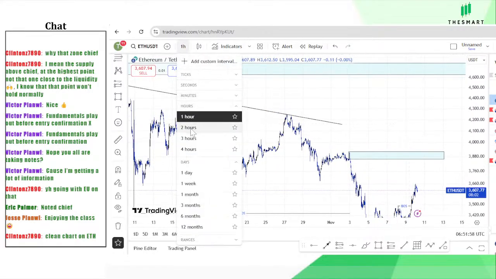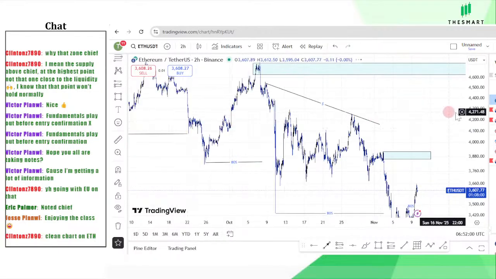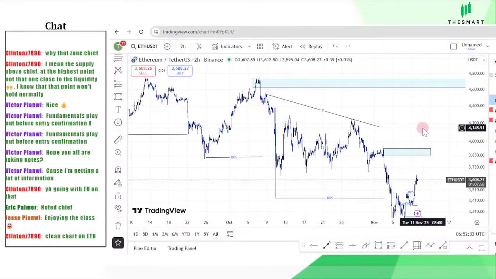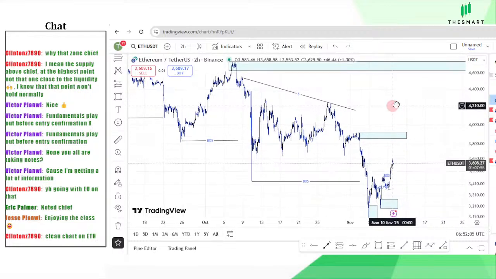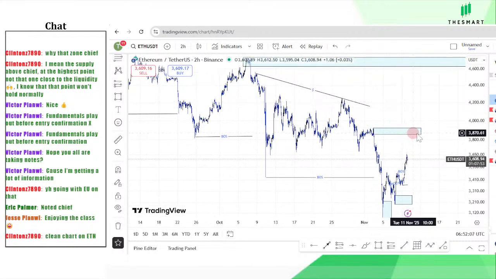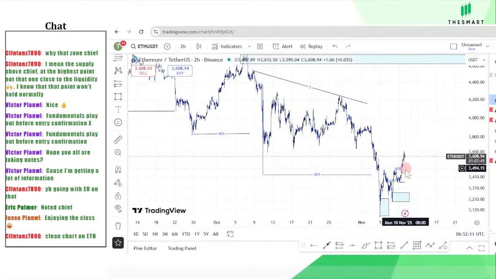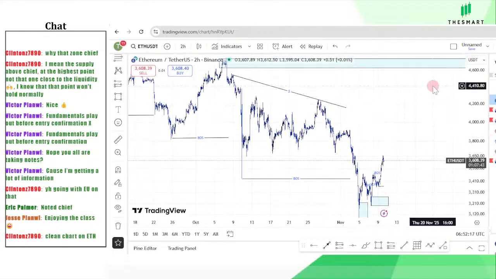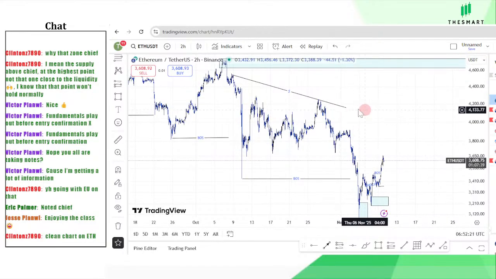Let's look at 2 hours. Looking at 2 hours and 4 hours, I won't want to work with this. I want to see more buys. I want to see price retrace back into this point, then continue the buy. I'll be looking for more buy opportunities until I get to this supply here. All of this liquidity should be taken out.